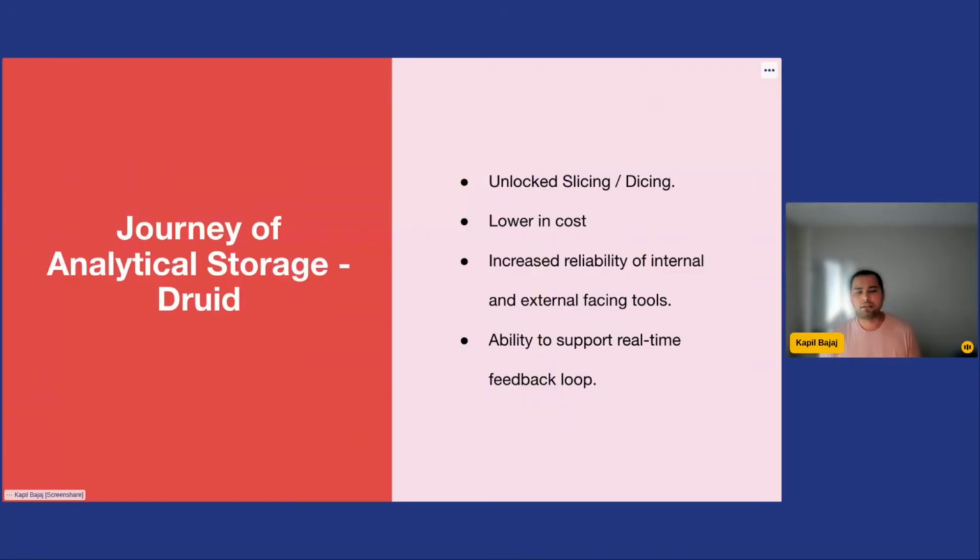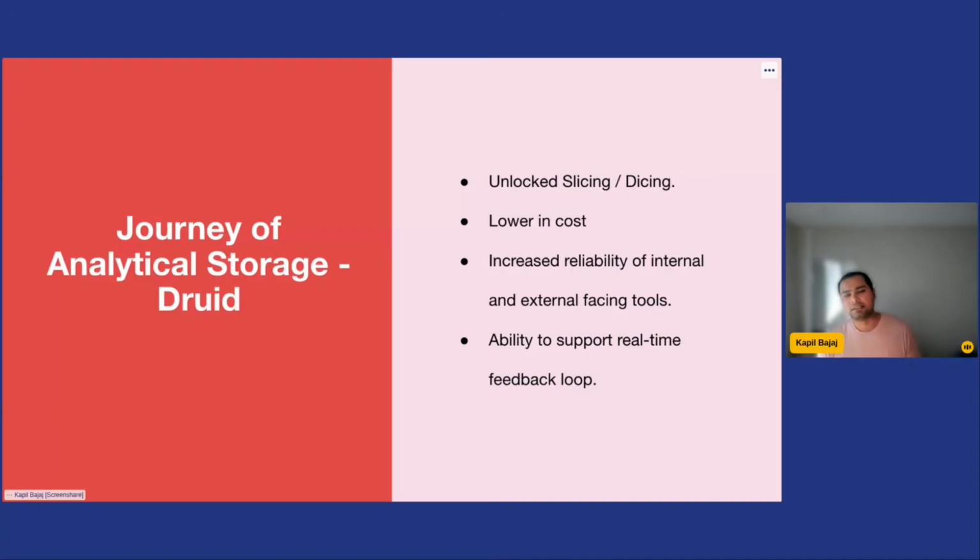We, in fact, unlocked slicing and dicing in real time for the first time. So that was very exciting for us. It was much lower in cost, again, because we did not have to pre-compute and store a lot of data early on. So that led to increased reliability of our systems, of our offerings.